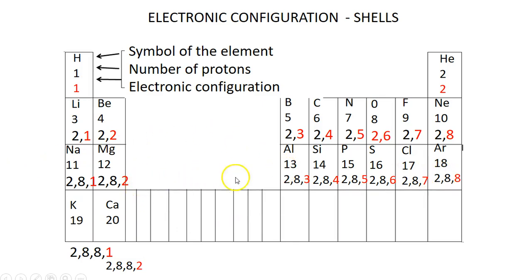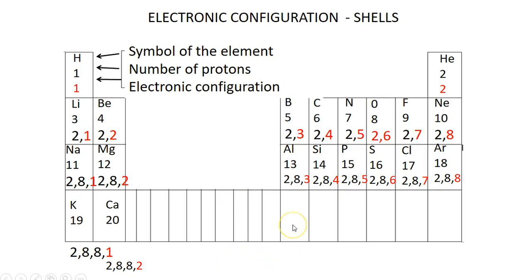So we've put 10 extra into this third shell, 10 on top of this 8. So now we've got 18 in here, and we've got 2 in our outer shell. So at this point, zinc, we've got 2, 8, 18, and 2.